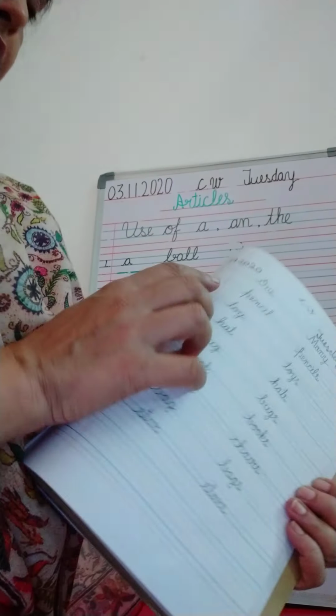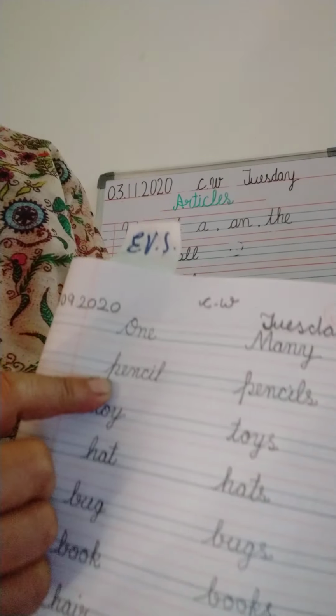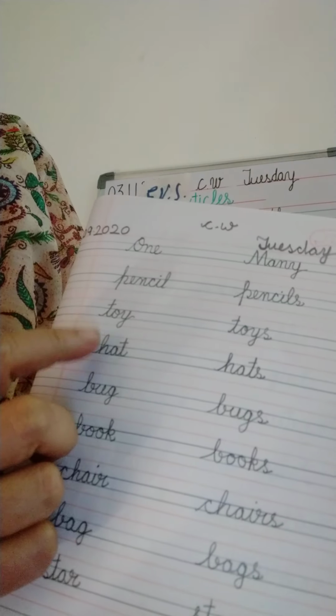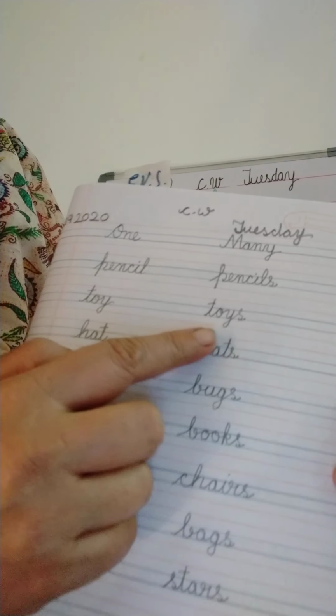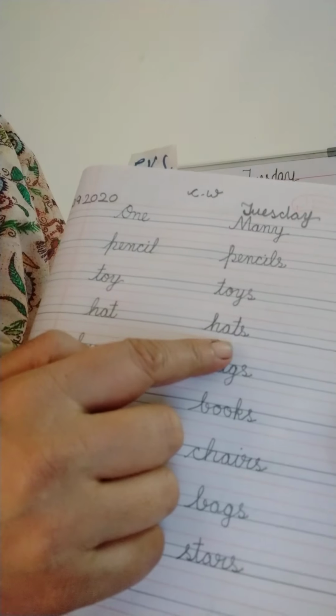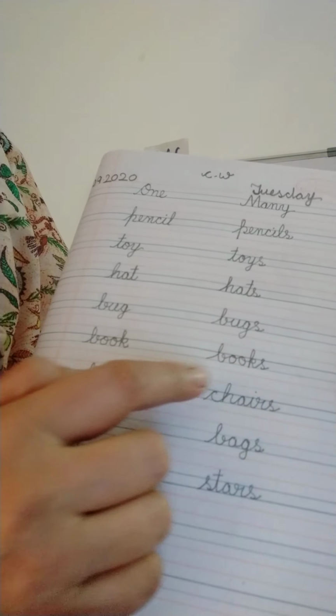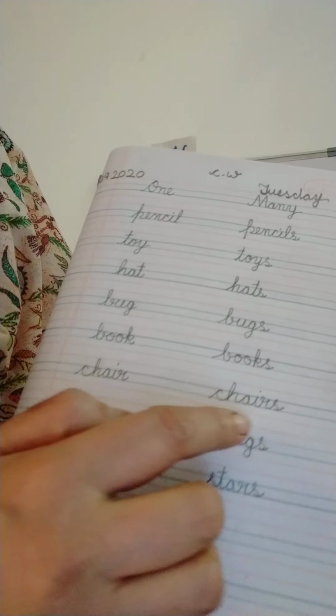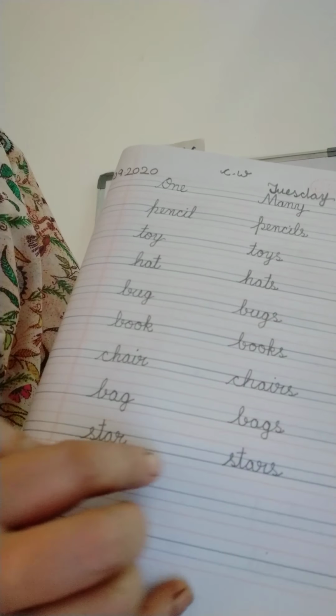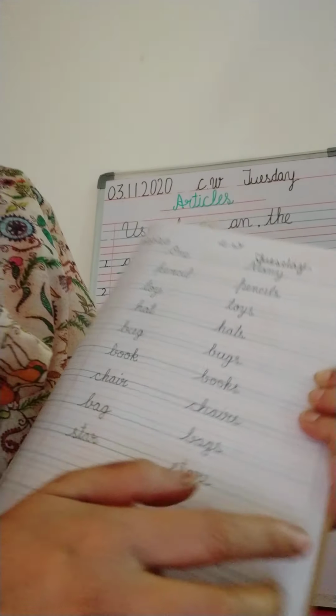Now, pencil, pencils. Toy, toys. Hat, hats. Bug, bugs. Book, books. Chair, chairs. Bag, bags. Star, stars.